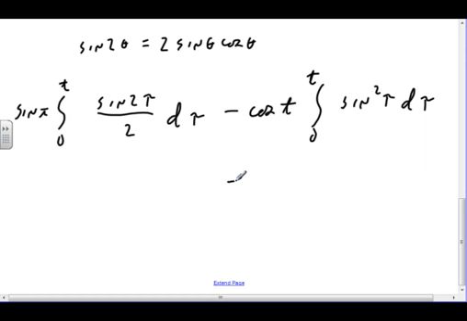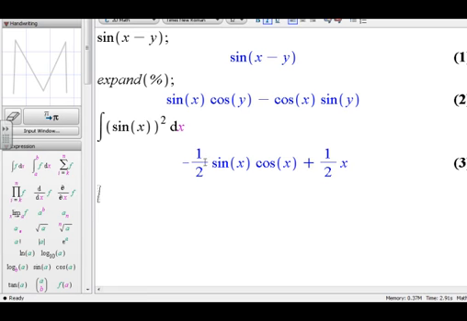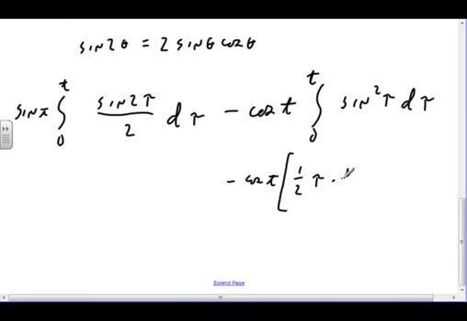So that's going to be minus cosine t times 1/2 tau minus 1/2 sine tau cosine tau, evaluated at 0 and t.